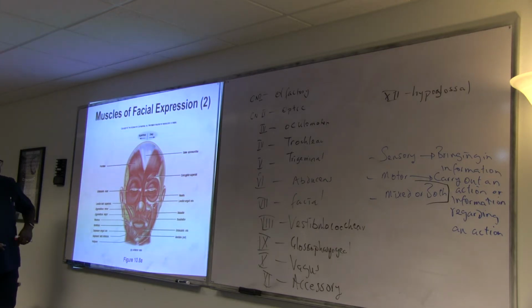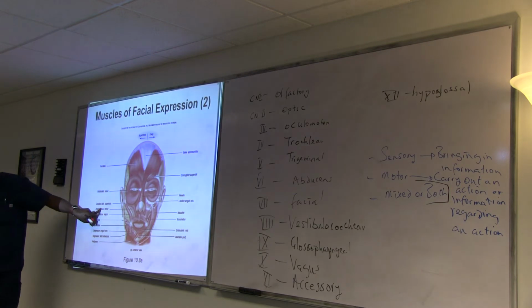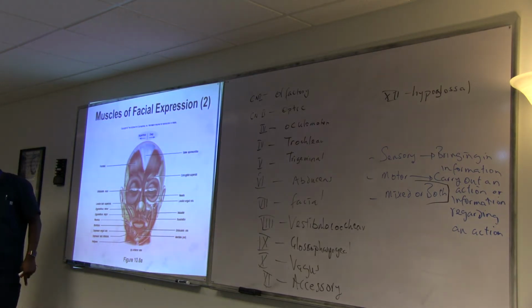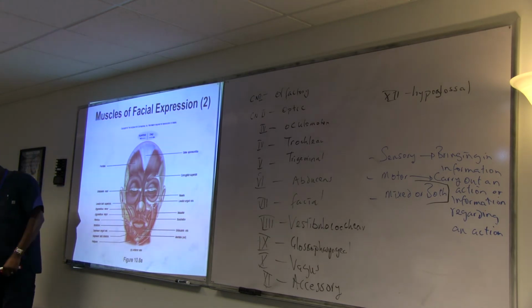Alright, let's take another one. Zygomaticus minor. Where is it coming from? Zygomatic bone. Where is it going? Muscles of upper lip. What about the action? It elevates what? Upper lip. Exposes upper teeth in smiling. In smiling and what?